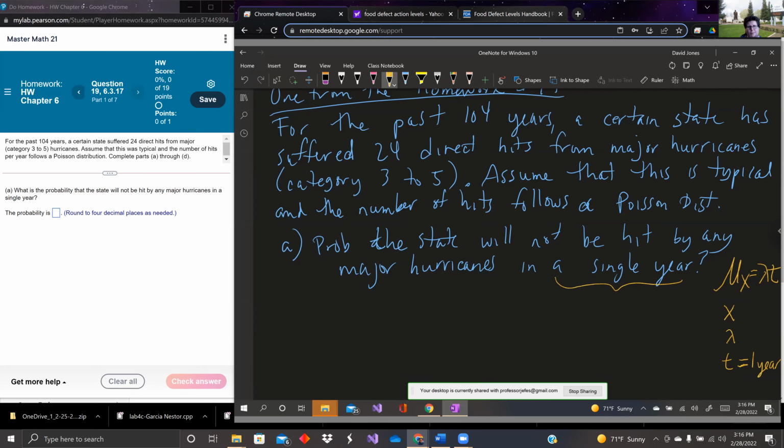They've thrown a couple numbers at us. They said the last 104 years, the state suffered 24 direct hits. Well, they didn't say if there was like 3 in 1 year and then nothing for 10 years, anything like that. So we can't go off that. We can just do an average, and that's what lambda is looking for. Remember, lambda is an average or a rate. So lambda is going to be the 24 direct hits divided by the 104 years.